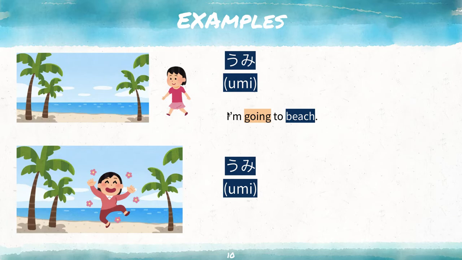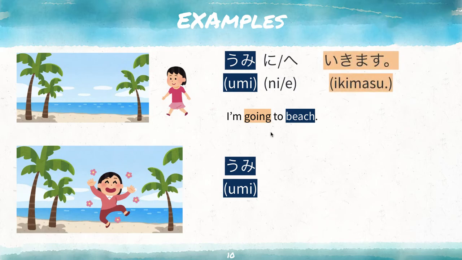First you show the location, so 海に or 海へ, it's going, so 行きます。海に行きます or 海へ行きます。The next one, this girl, which is me, I arrived at the beach and she looks very happy, which is nice because I also love the beach.